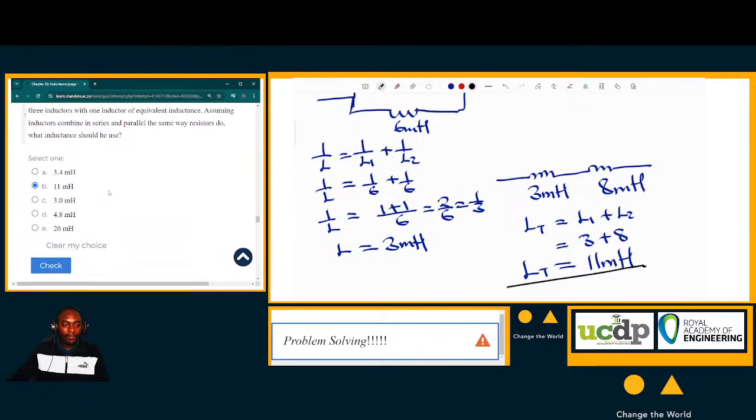I got 3.4 because it was 1 over 8, then 1 over 4, it's going to be 7 over 24, then 3.4, then 3.4 plus 6, which is 9.4.